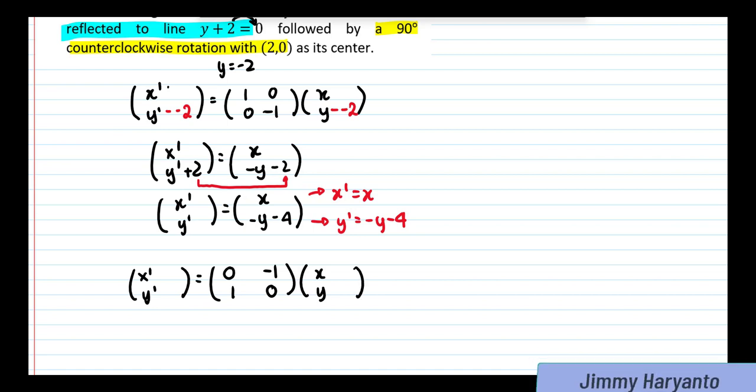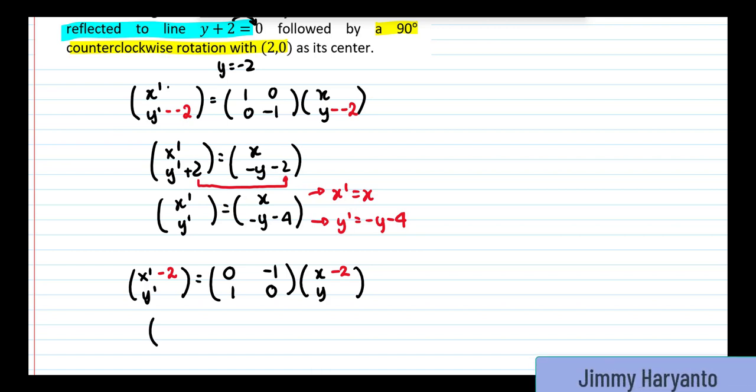But because we have the center of the rotation with 2, 0 as the coordinates, that means we have to use this formula minus 2 and minus 2 for the y. Because it's 0, you don't have to write anything on the y.